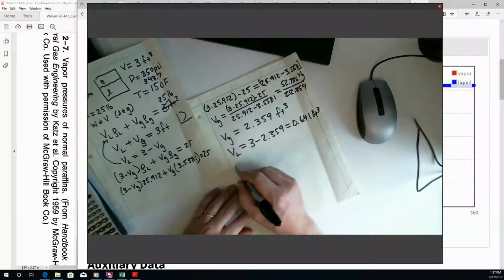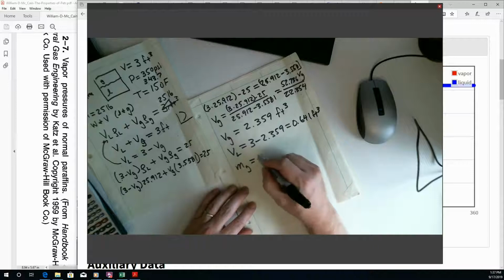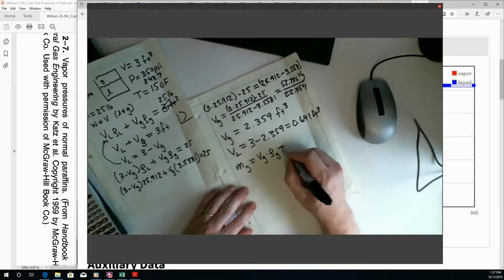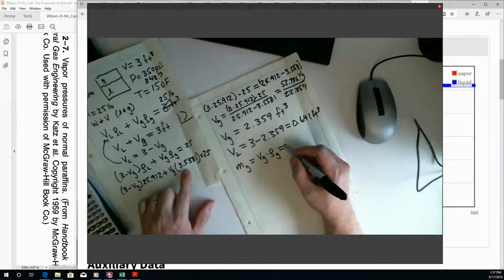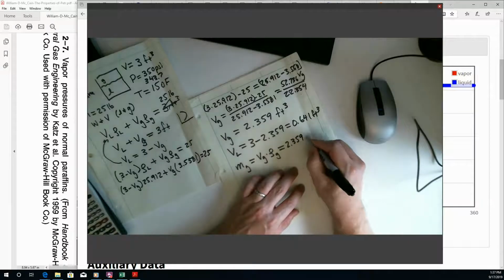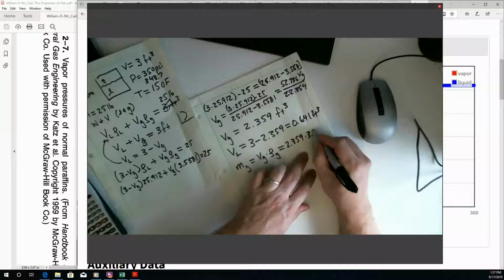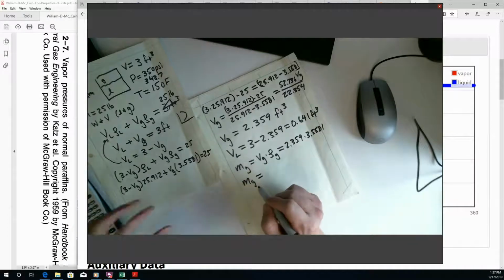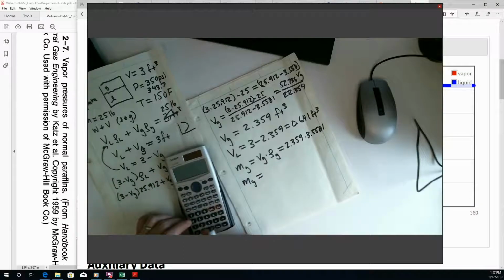Now we want to know the weights. So the weight or mass of the gas is equal to Vg times rho G. We know rho G is this value. So we can do 2.359 times 3.5581.